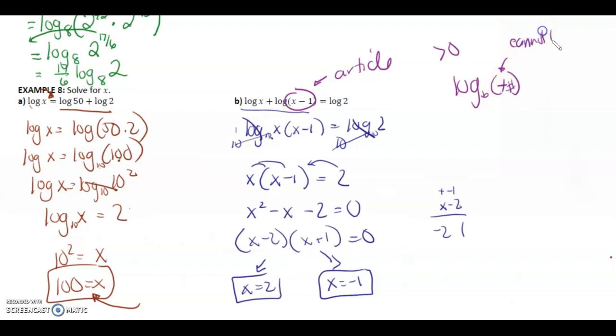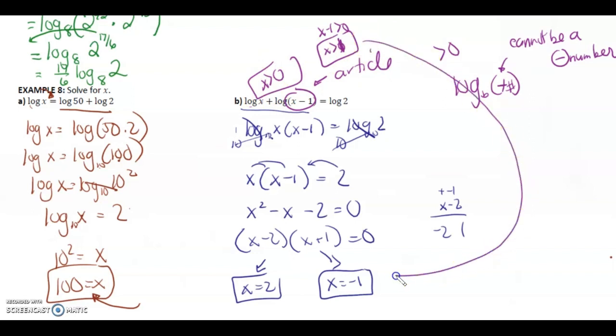So there are going to be 2 restrictions here. Log x means x is greater than 0. And log x minus 1 means x minus 1 has to be greater than 0, so x is greater than 1.